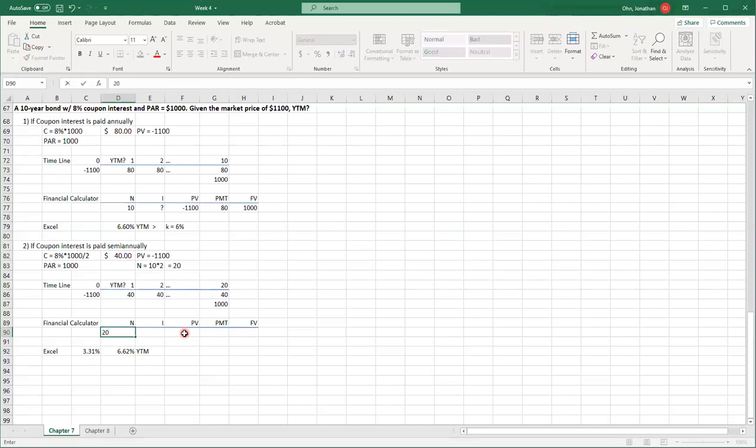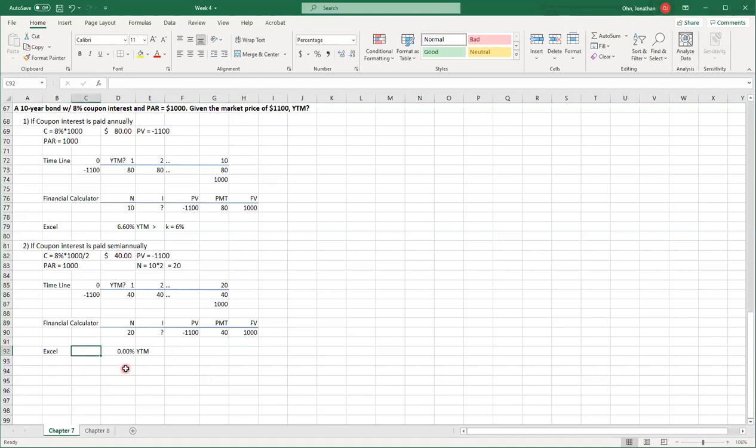N is 20, I is the question mark, present value is minus 1,100, payment is $40, and then $1,000. Given all this information, you are asked to calculate I.